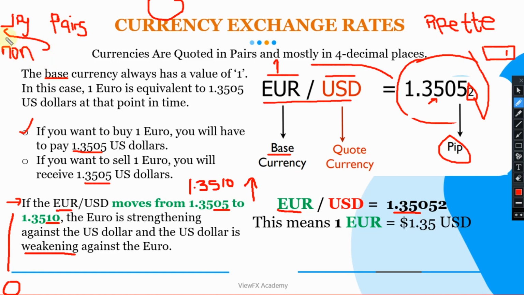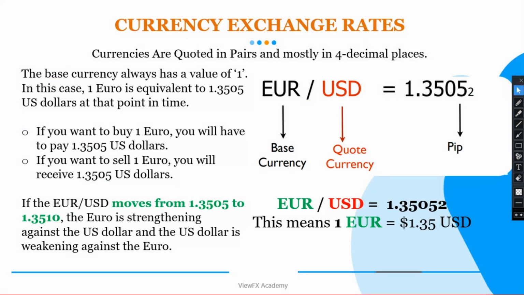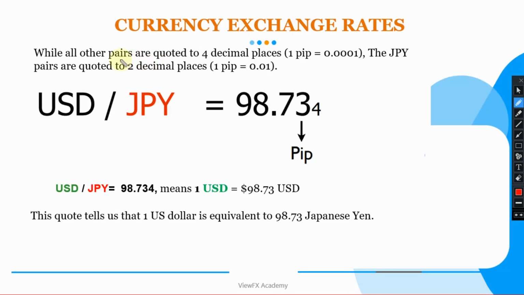Now let's look at JPY pairs, meaning pairs with JPY. From the last currency we saw, Euro USD, we can see that it's quoted to the 4 decimal place, which is 4 numbers after the decimal point.